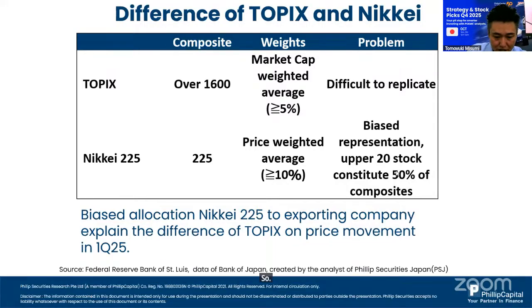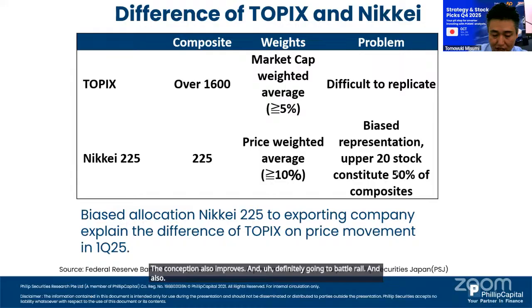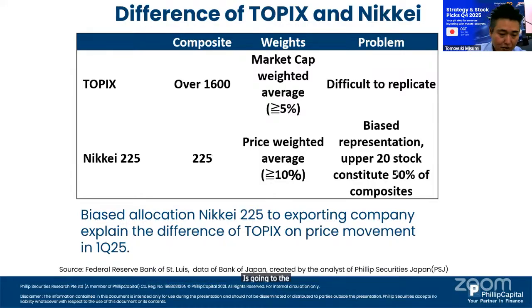If the labor market improves, consumption also improves, Japan goes to a better level, and such a cycle leads to a better market cap.